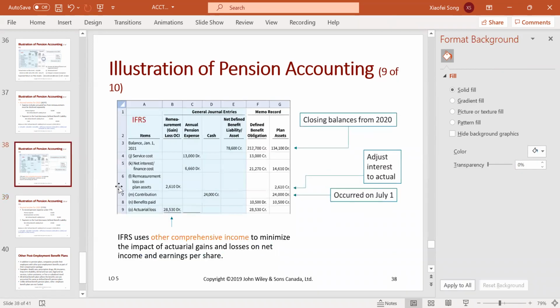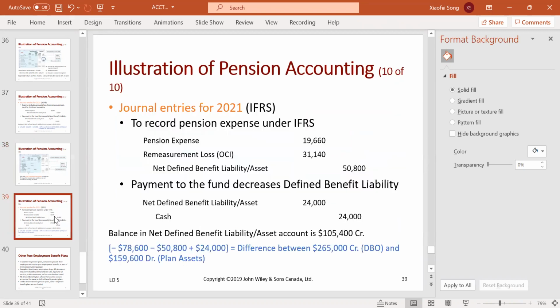Let's see what shows here. Oh, that didn't show the total here. So that's no excuse, but now we get it correct. So the total amount, 50,800, will be debited into two accounts: pension expense 19,660, thank you, and other comprehensive income 31,140. Okay, the rest are the same.